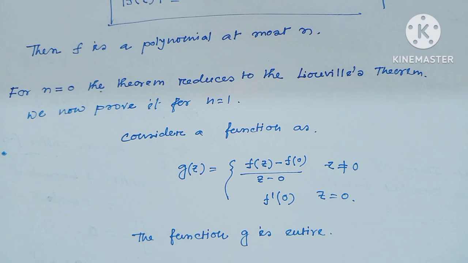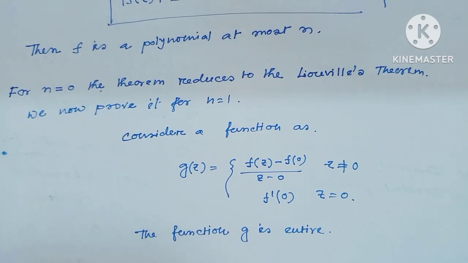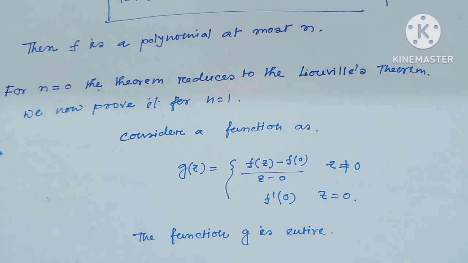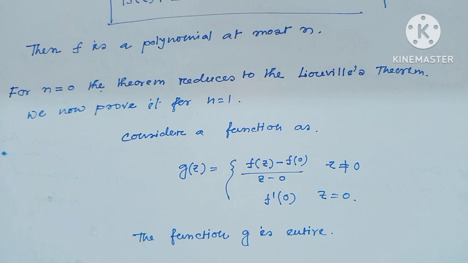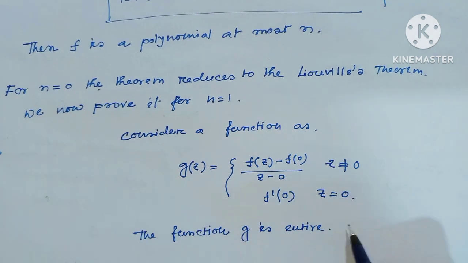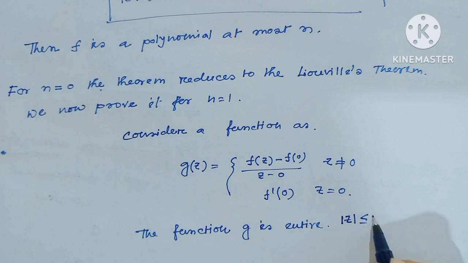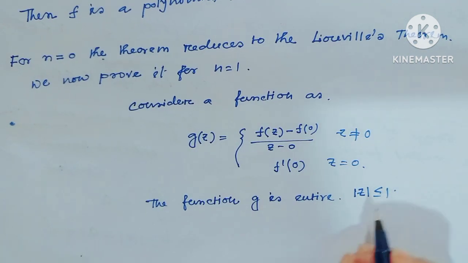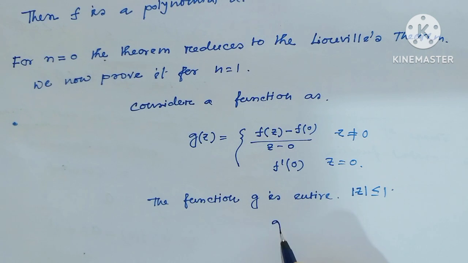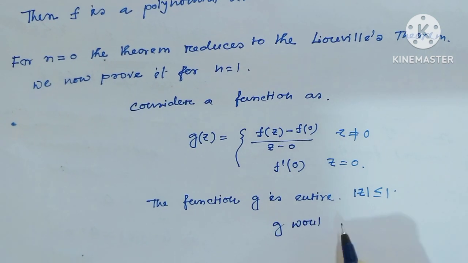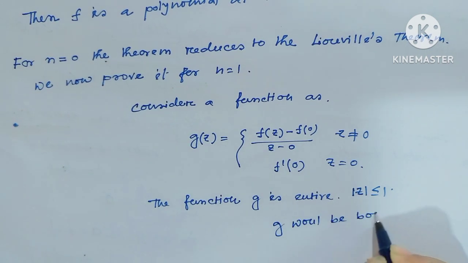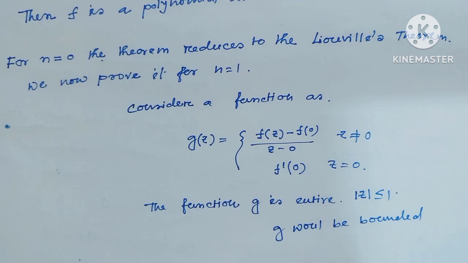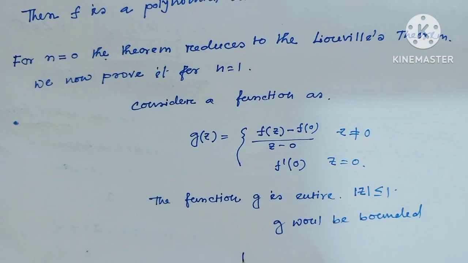I hope all my viewers have understood. And since g is entire, that means g is continuous. So, if we consider |z| less than or equal to 1, then in this compact set, since g is continuous, g would be bounded. Then consider |z| greater than or equal to 1.